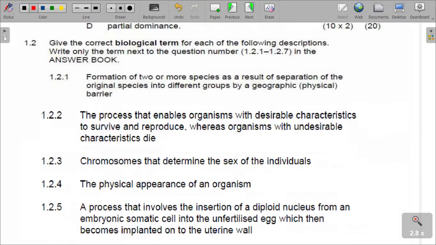Give the correct biological term for each of the following.